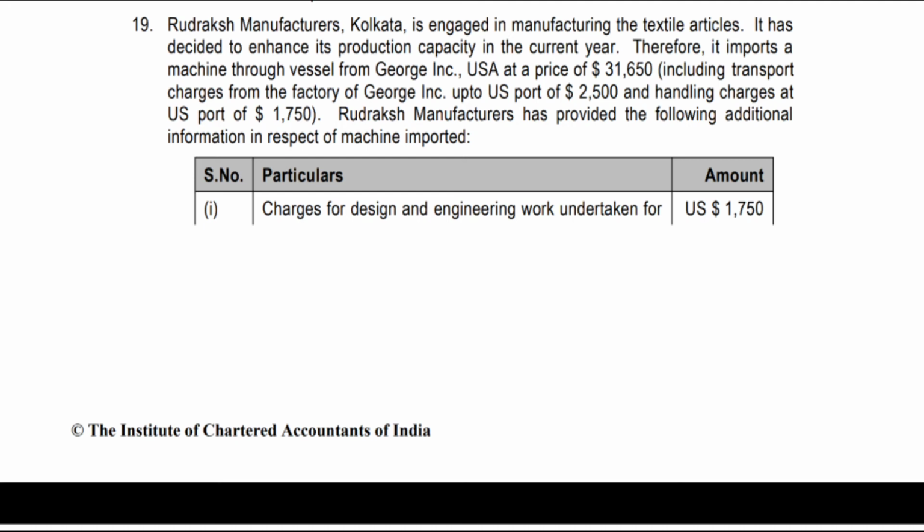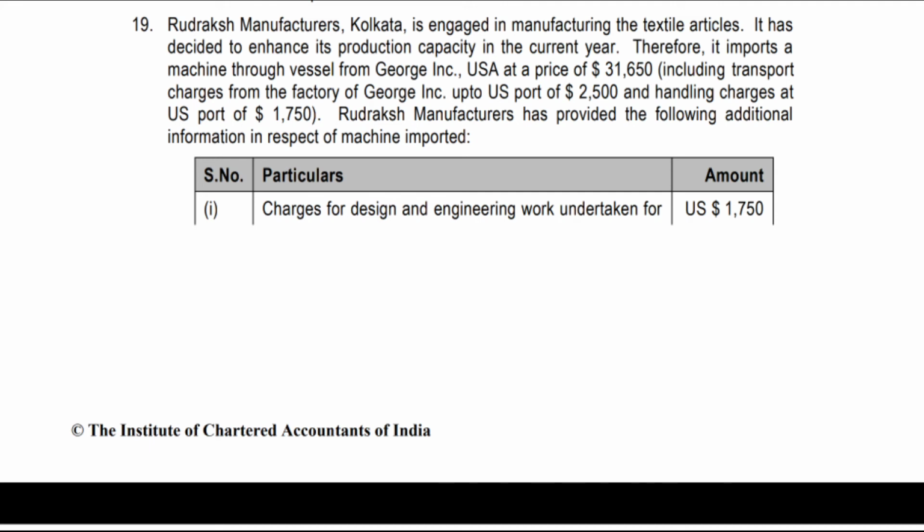Rudrak Manufacturers has provided the following additional information in respect of the machine imported. Design and engineering work which is undertaken in the US, that amount is included. Buying commission we will not add, that amount should not be included. Freight charges from US to India, so freight charges we have to add.